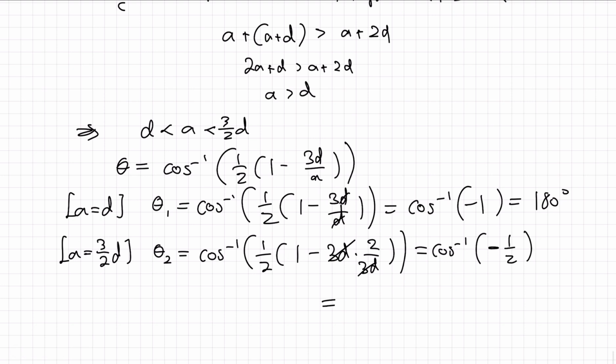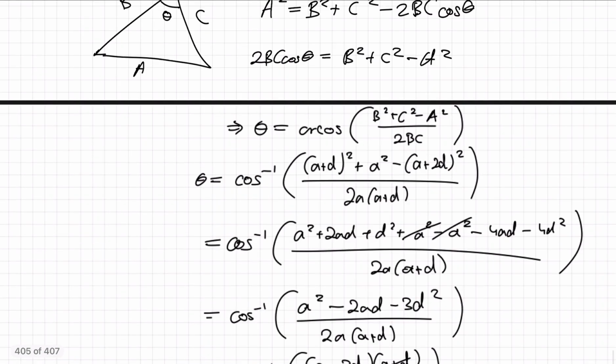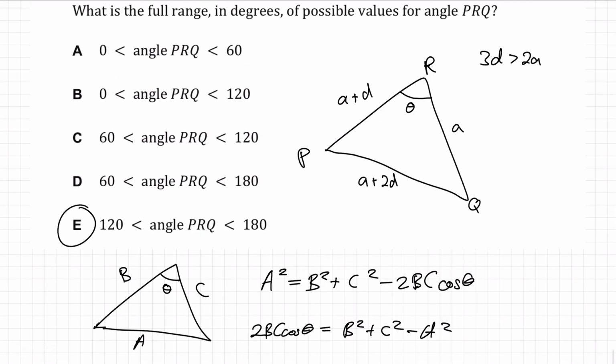You can use the identity, that's equal to 180 minus cos inverse 1/2, or you could just know that that is equivalent to 120. So there we have it. We can see that theta must range between 120 degrees and 180 degrees. Ultimately, that would give us answer E.